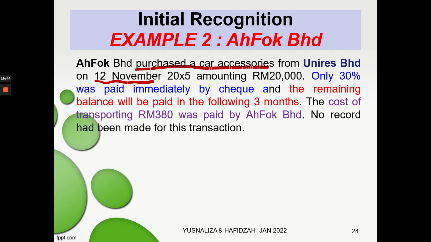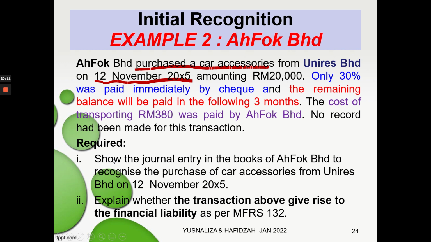If you have no further information, you assume the goods were also received on the same date. You are informed 30% was paid immediately by check, so that was by cash, and the remaining 70% will be paid in 3 months. The cost of transportation, 380, was paid by AhFok.